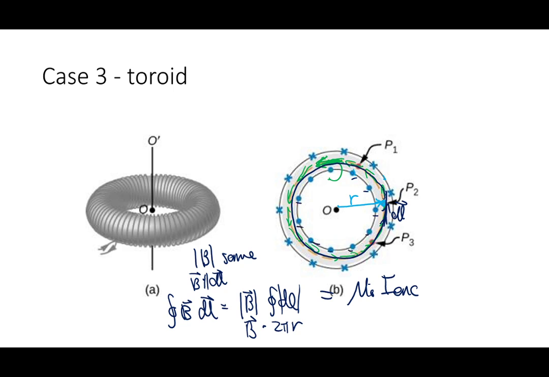For each loop, there's a wire that comes outwards on the inside of that donut, and outward looking current, because we're using a counterclockwise integration direction, outward is positive, so then we have N times I positive. This is the total number of loops.